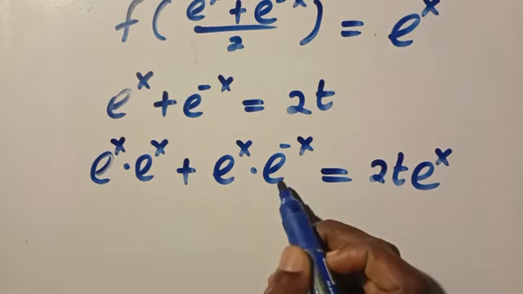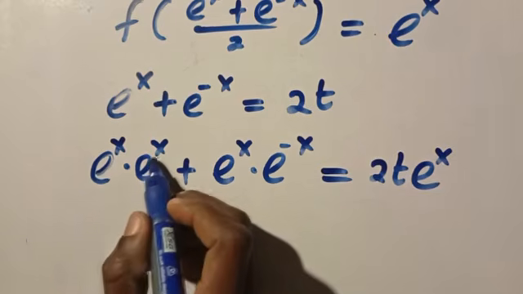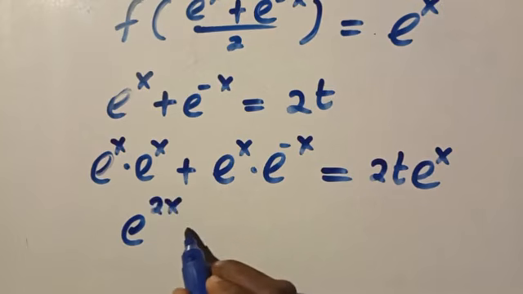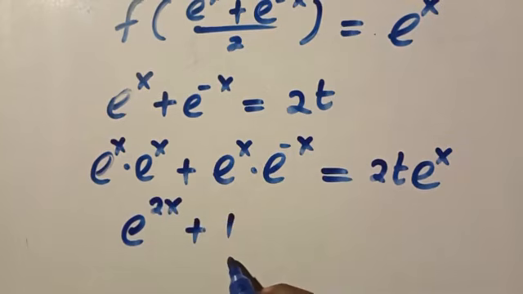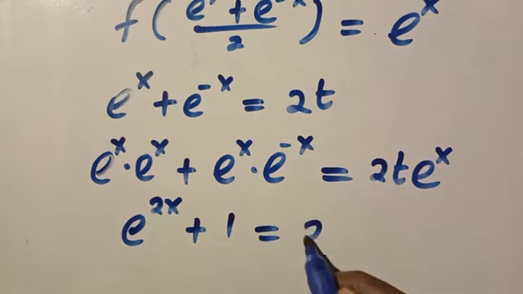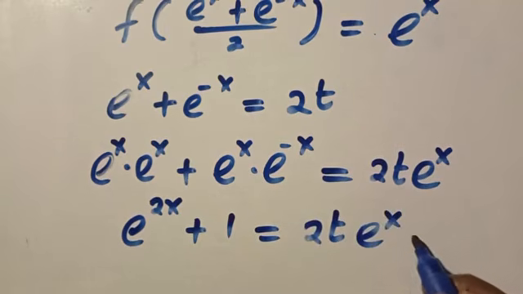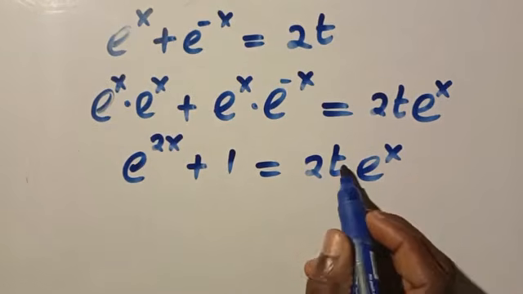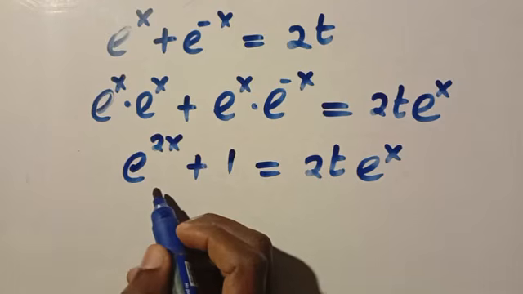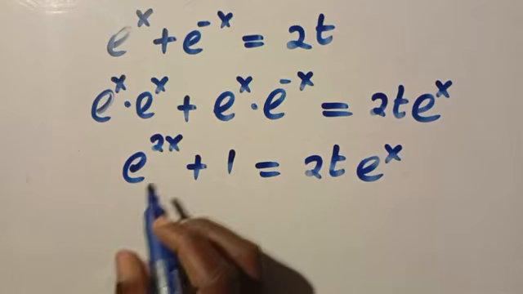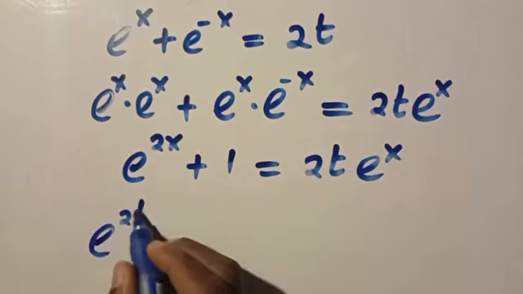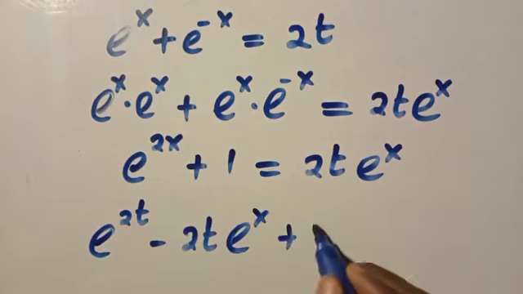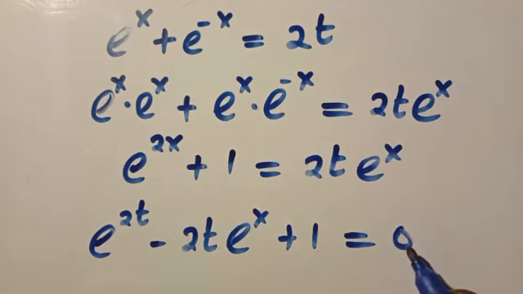And e power x times e power minus x becomes 1, while e power x times e power x becomes e power 2x. So we have e power 2x plus 1 equals 2t e power x. Let's collect 2t e power x to the left hand side: e power 2x minus 2t e power x plus 1 equals 0.